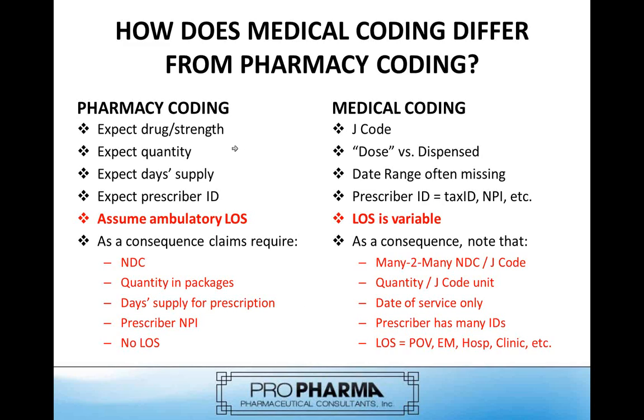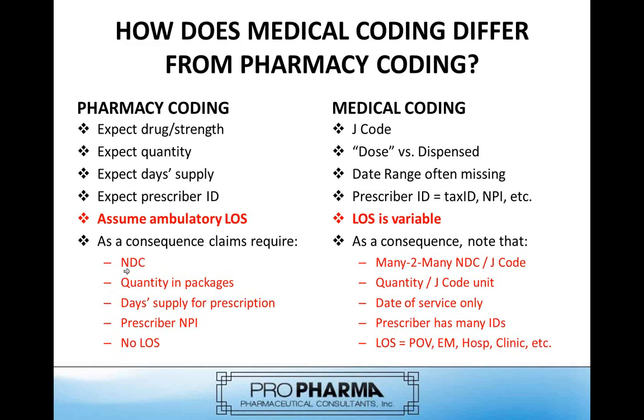And that is, in pharmacy coding, you get a prescription. The prescription has a drug, a strength, a quantity, a day's supply. It certainly has a prescriber. The location of service is usually ambulatory, meaning it's at home or some other ambulatory center where people are walking in and out. And there is fundamental information that is included.